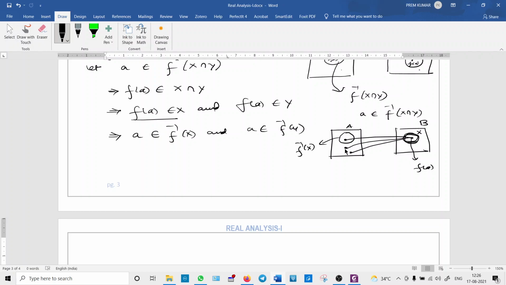Maybe some will be outside f inverse of X, but the inverse image of this element will be inside f inverse of X. Okay, so that's what is given here. A is an element of f inverse of X, and A also belongs to f inverse of Y. So it's belonging to two sets. So A belongs to f inverse of X intersection f inverse of Y.